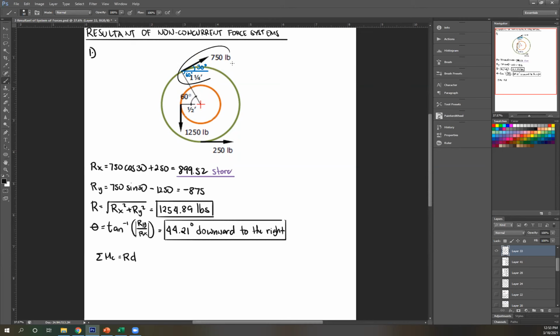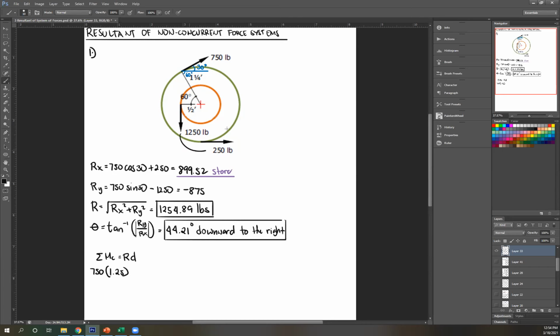So let's start with 750 rotated about O. That is clockwise, so positive 750 times, there's already a perpendicular distance, and it's 1 1/4 feet. 1 1/4 is equal to 1.25.